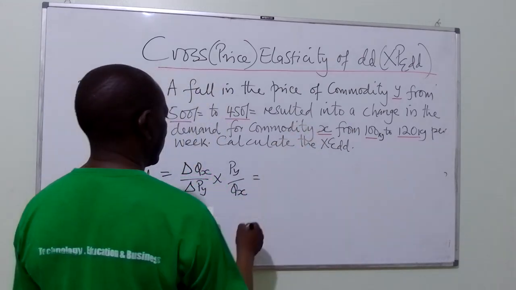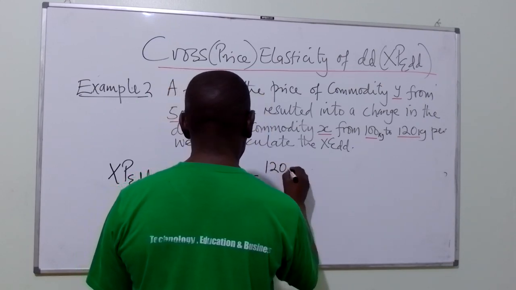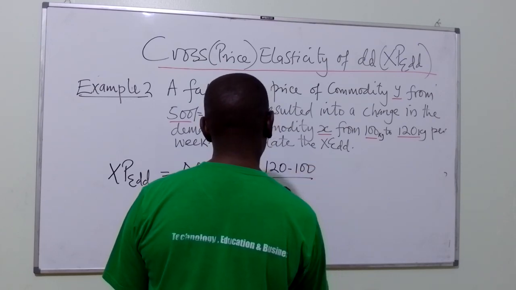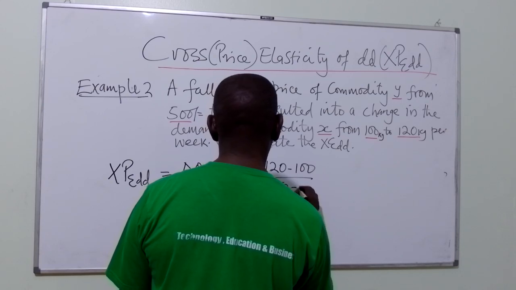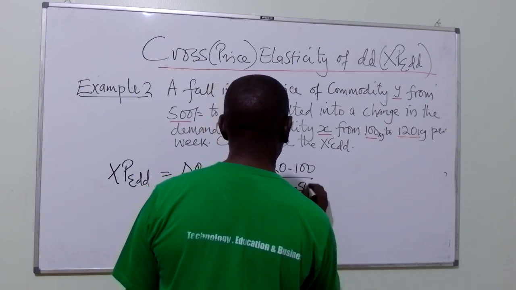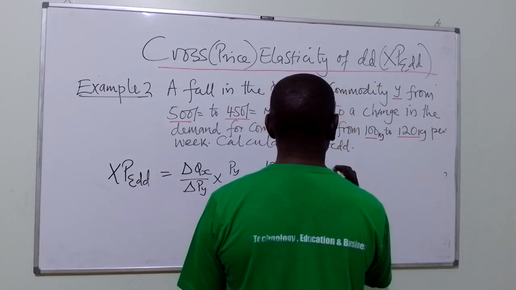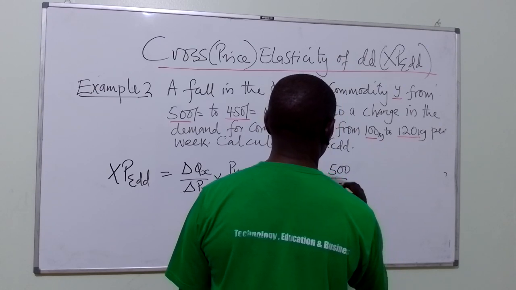In our case, let's write all these figures: 120 minus 100 over 450 minus 500, multiplied by 500 over 100.